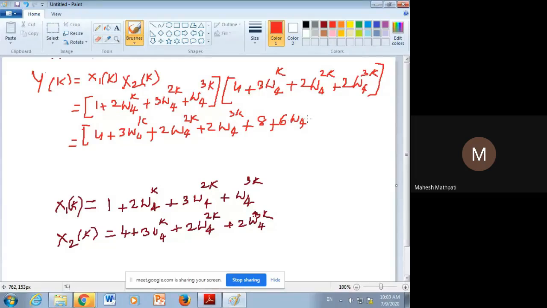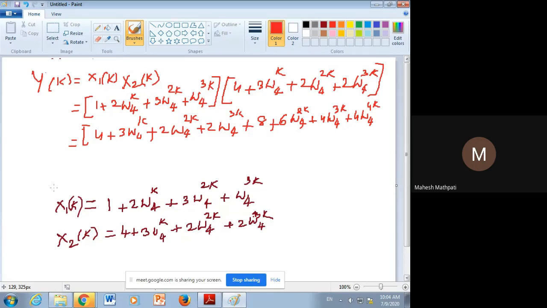So what will I write here? 2K, K plus K is 2K. Then plus 2 multiplied with 2, again 4, W4 to the power 3K, plus 4, W4 to the power 4K.